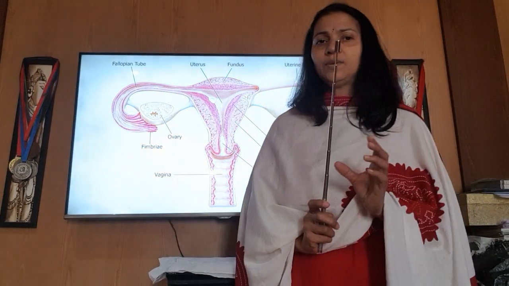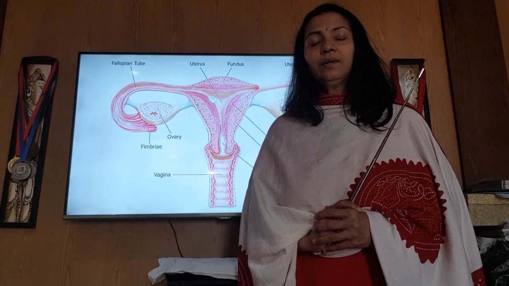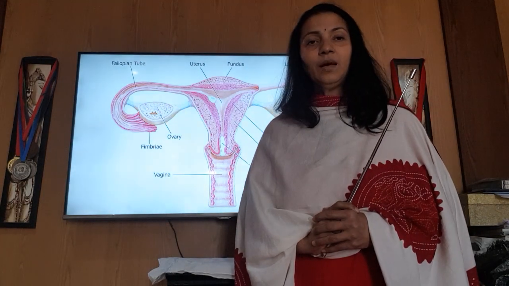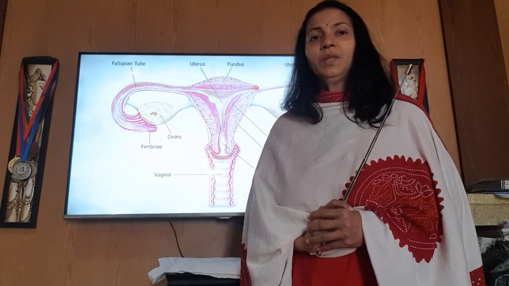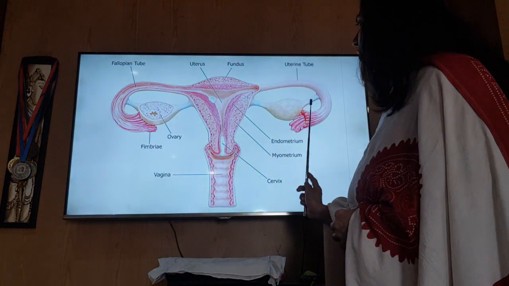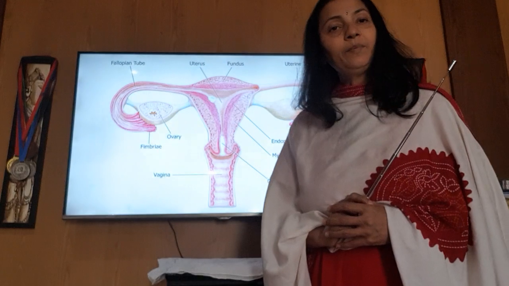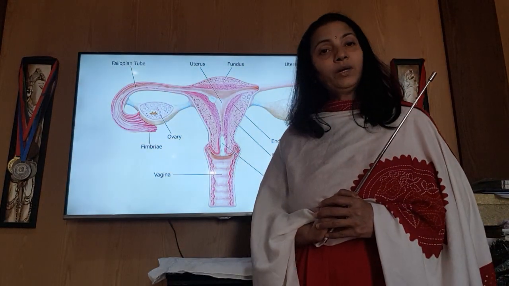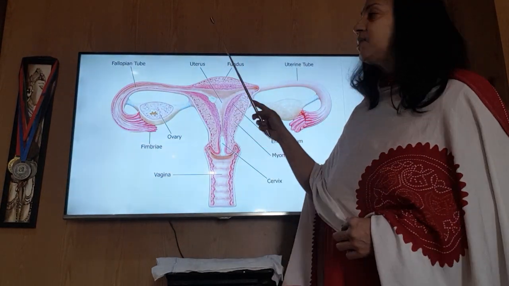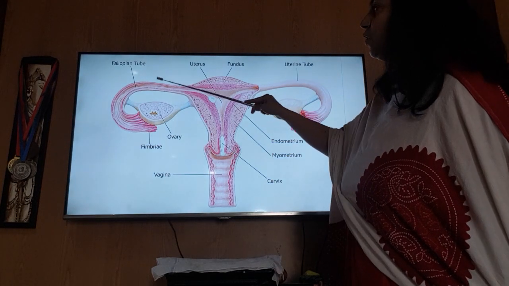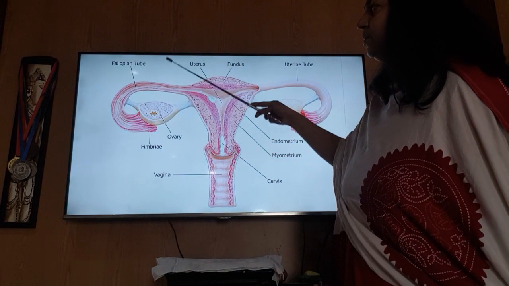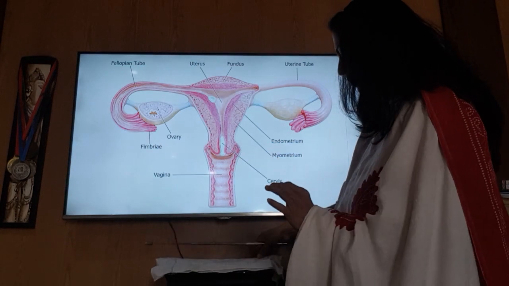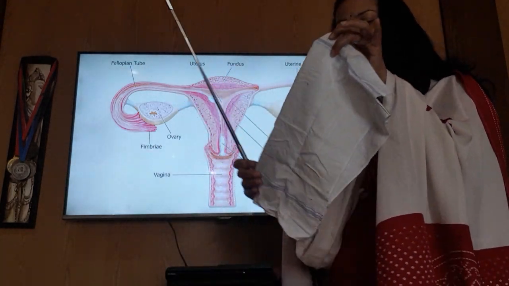So this was a simple relation, but otherwise if we see about the peritoneal relations, the peritoneum is covering the whole of the ovary except its anterior border, because all the structures that you see here, uterus, fallopian tube, it is all surrounded by a fold of peritoneum, something like this.